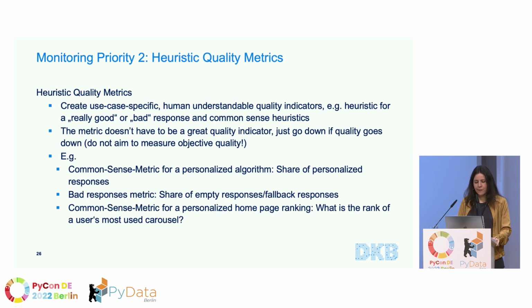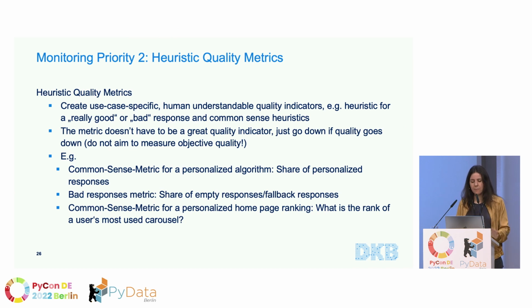Then there's a second priority that I recommend because it's based more on human common sense, which I call heuristic quality. It means that you create a use-case-specific, human-understandable quality indicator, for example whether your response is really good, or maybe really terrible, based just on common sense. This doesn't have to be a great indicator of quality, it's more like a baseline of something that should be fulfilled.